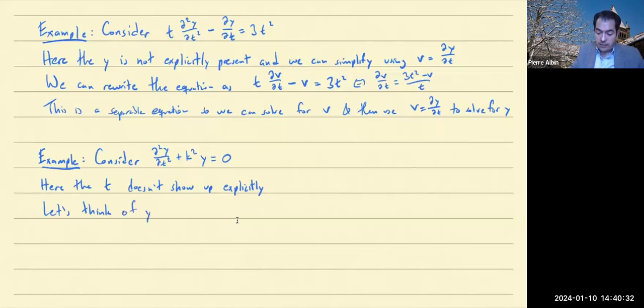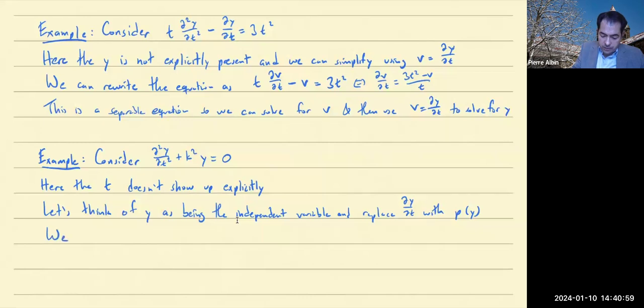Let's think of y as being the independent variable, and replace dy by dt with some function p of y. Okay?